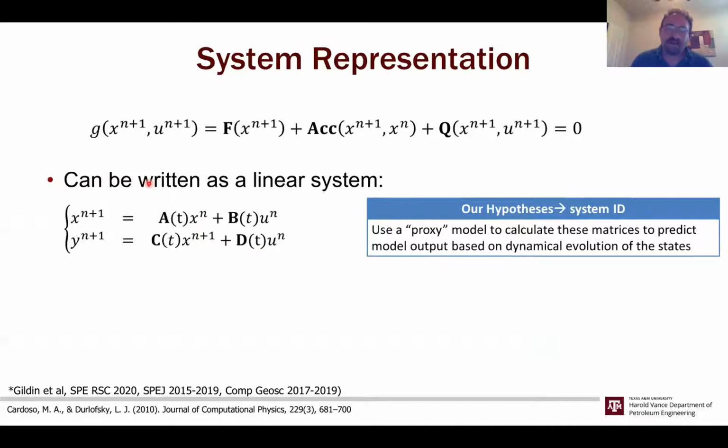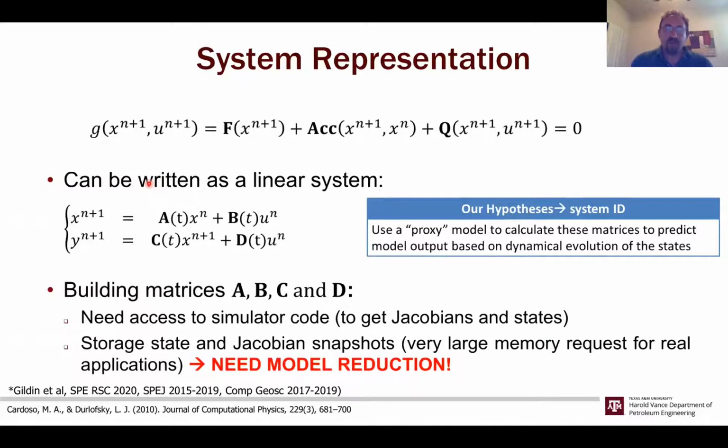It's basically a system identification perspective from systems theory. However, building those matrices is difficult, right? We need to access the simulator. To linearize this equation, we need to get the Jacobians, to get the states. We need to store them.